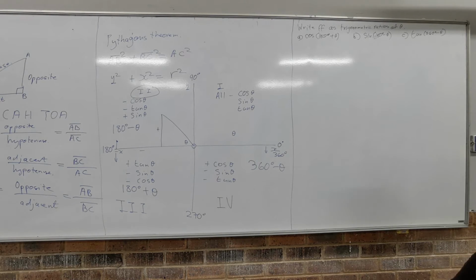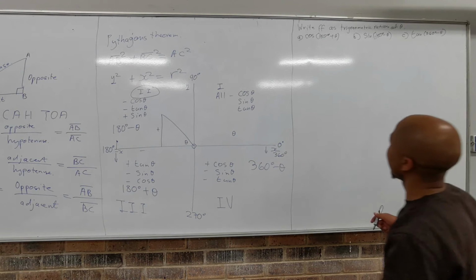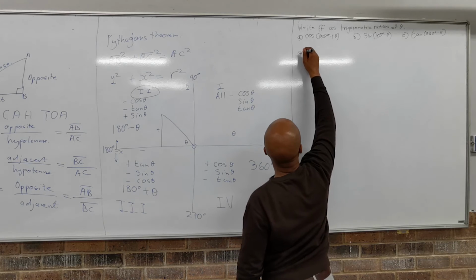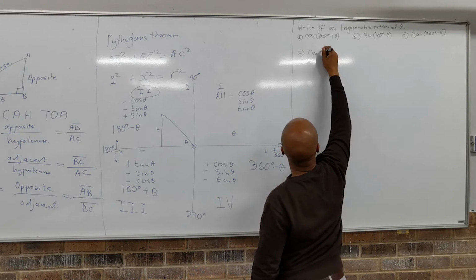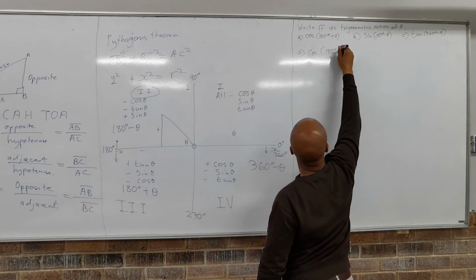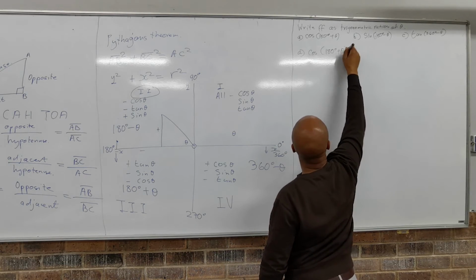To further illustrate the reduction formulas, we are going to do an example. The examples will be in such a way that you have to write the following as a trigonometric ratio of theta. So, let's look at number A. We have cos of 180 degrees plus theta.